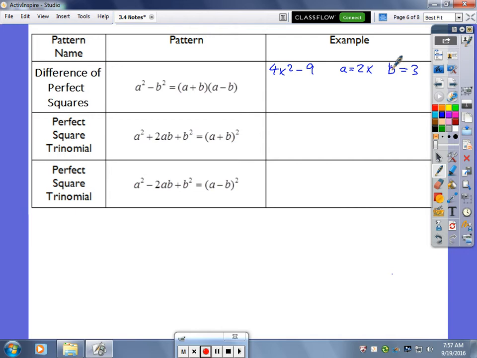And since the factored form of the difference of perfect squares is a plus b times a minus b, which essentially would be, if we look at it in unfactored form first, we get 2x squared minus 3 squared, and then we break it down, and in factored form, it'll look like this. 2x minus 3 times 2x plus 3.